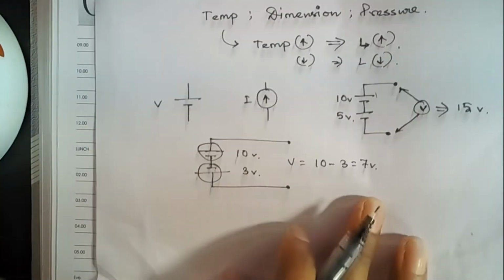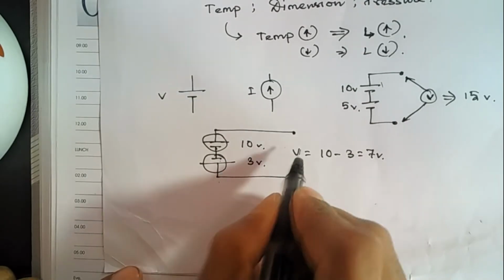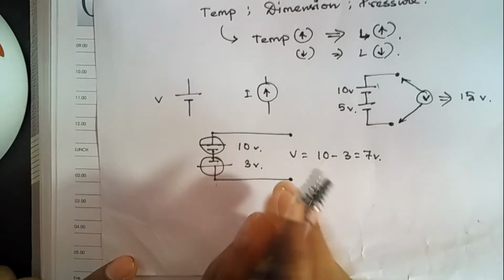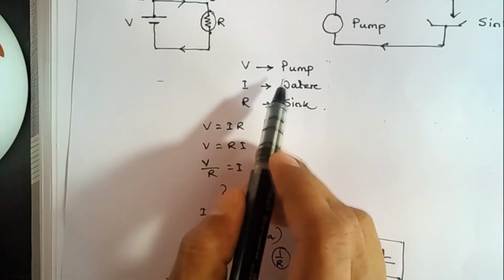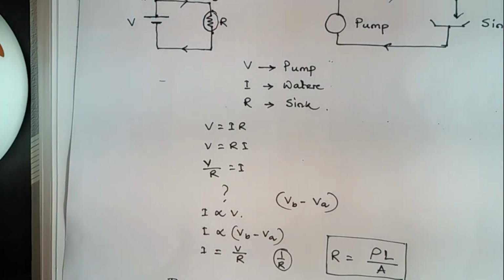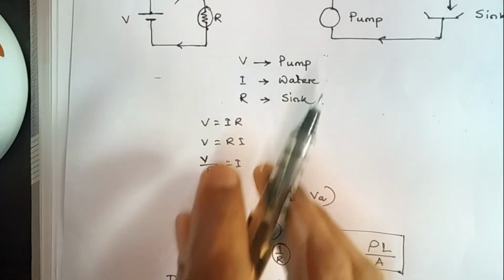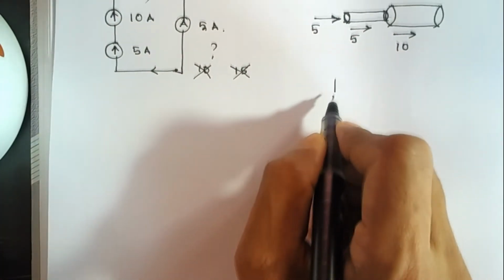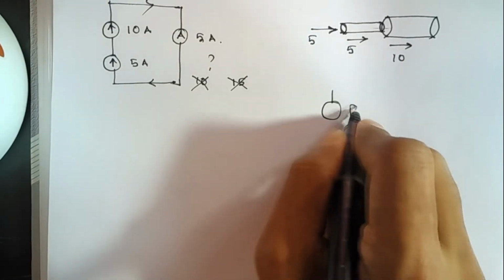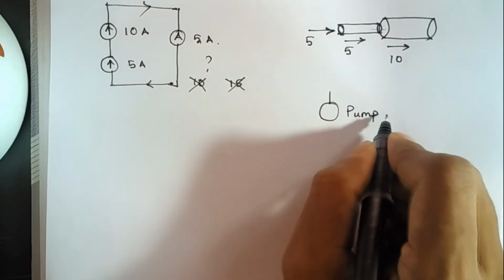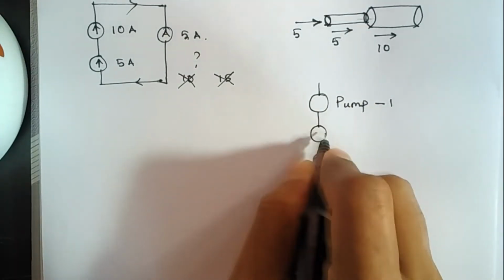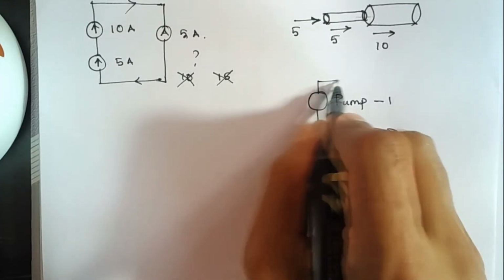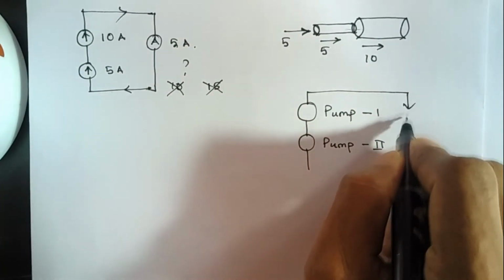As we have seen, the current is analogous to the water. Then why over here, this is 10 volt, this is 3 volt? We have seen the voltage is analogous to the pump. Again we can see here is pump 1, and here is pump 2, and water flows this way.